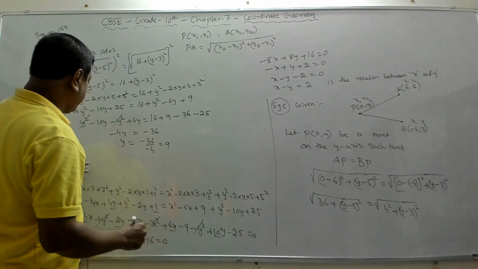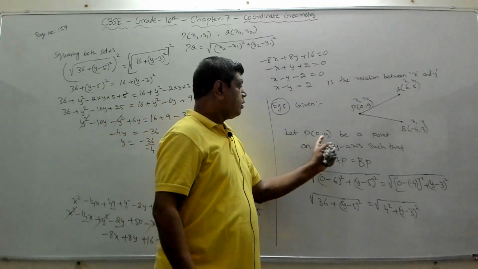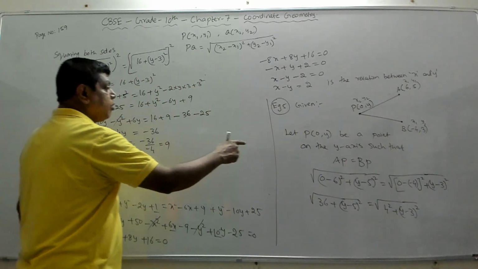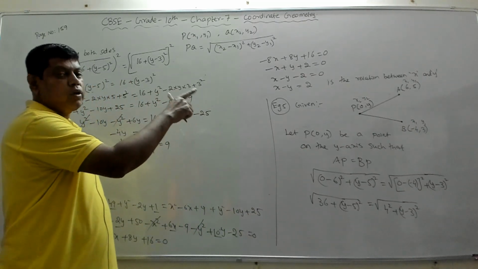So we have found y, which means we have found the point. So what is the point? That is 0 comma y, and y is 9. So the point 0 comma 9 is the point on the y axis which is equidistant from the two given points.